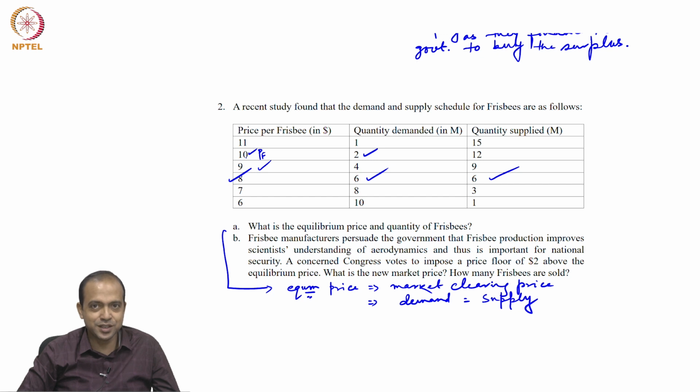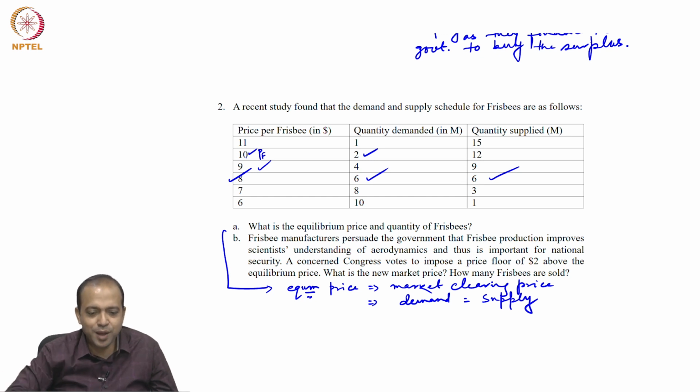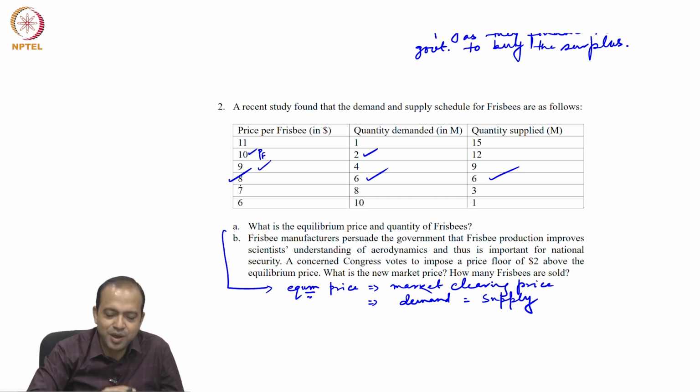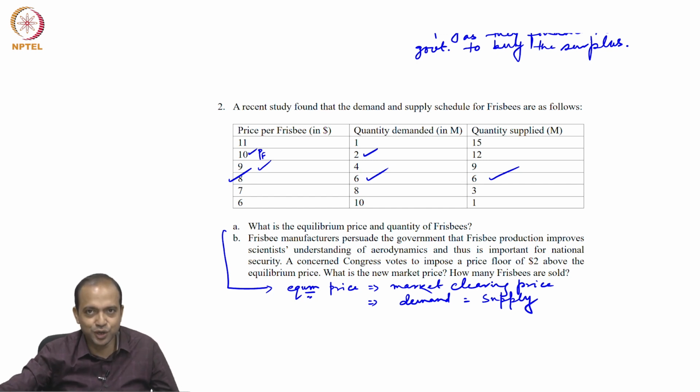After students march, they protested, they demanded a reduction in Frisbee price. So, $1 reduction, that is the price ceiling. Since it is again above the equilibrium price which was $8 per Frisbee, that means it is not a binding price ceiling. So, what will happen? The price would be the same $8 only, because that is the equilibrium price.